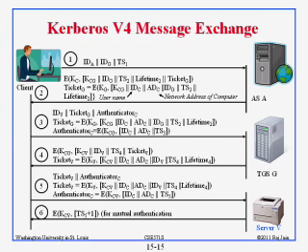It ensures that this ticket is being sent by somebody who knows KCV. So now the server can identify that, and then it sends TS5 back.